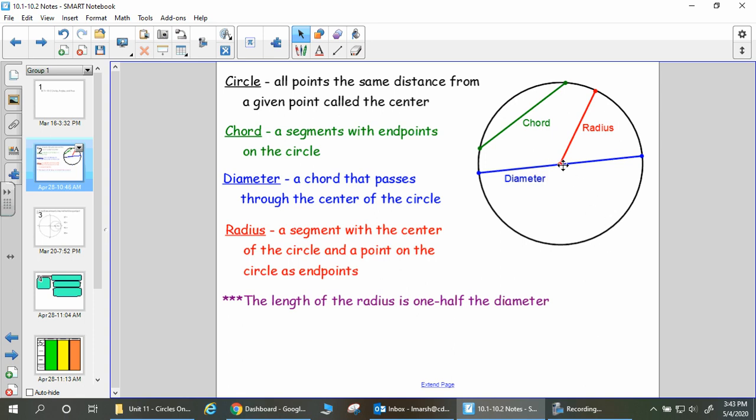So yes, I could have labeled just the left or just the right side of the diameter as a radius, or you can have a radius that isn't technically part of the diameter, or it could be if you kept drawing it. So this relationship between a radius and a diameter is our first focus.